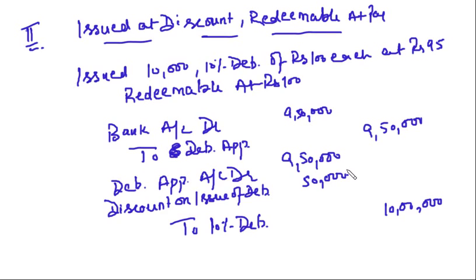You completed your face value. Your face value is 100 rupees and you are redeeming at face value only, 100 rupees. So there is no profit, no loss. So there is nothing to be done at the time of redemption in this case also.